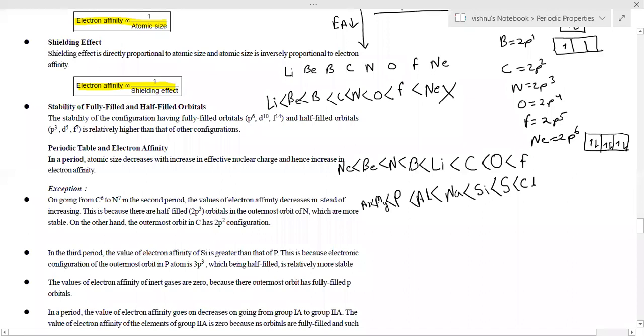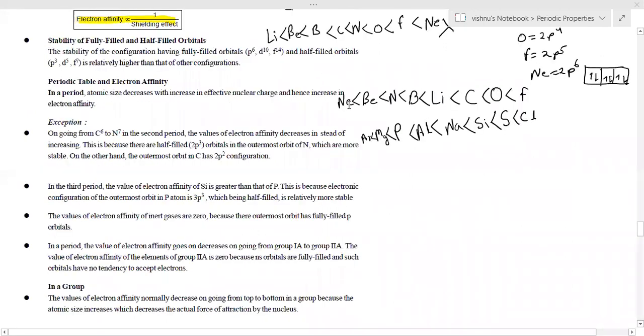This is the general trend across the period of s and p block elements. Now we will see exceptions one by one. I guess all of you got this.